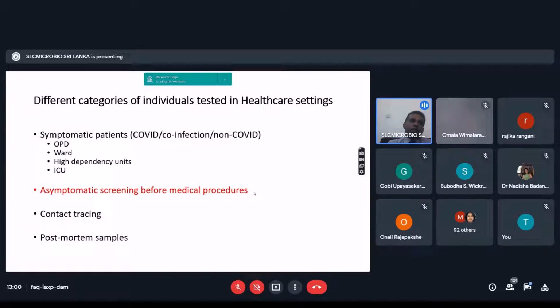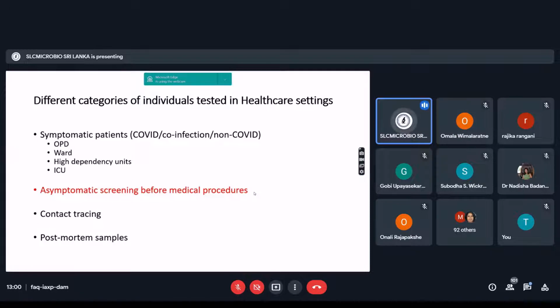In our testing strategy, recently we have suggested going ahead with the antigen test, where you can practice other measures for residual risk, like most of the healthcare workers being fully vaccinated now, and we can practice PPE and other infection control measures.